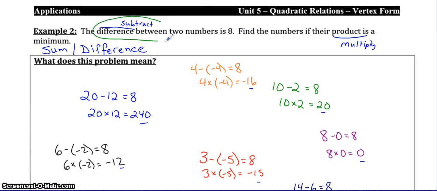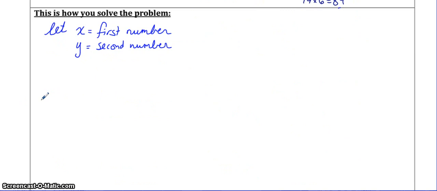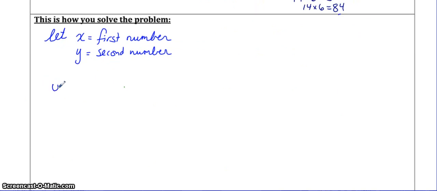The difference between two numbers is 8. So that means if you take y and subtract x, you're going to get 8. So you use the information that you're given to make your first equation, and now we have to isolate. So let's isolate for y, that would be the easiest. So we're going to add x to both sides, and that gives us y equals 8 plus x.